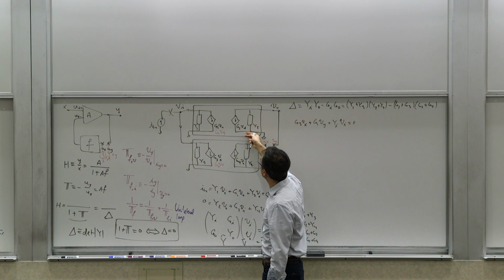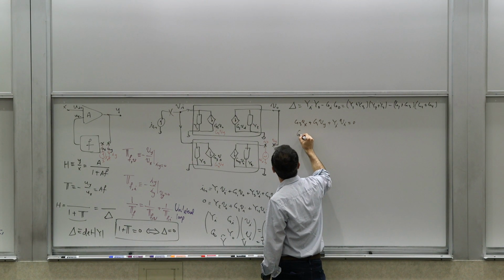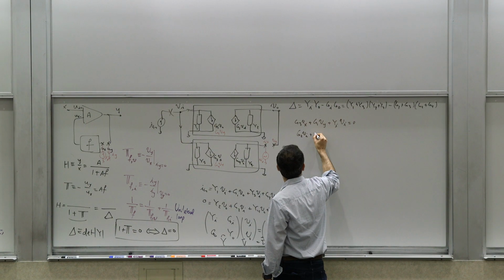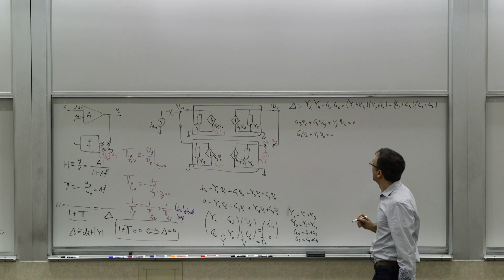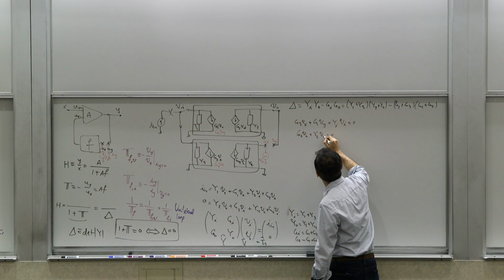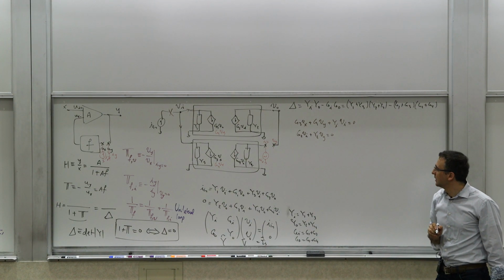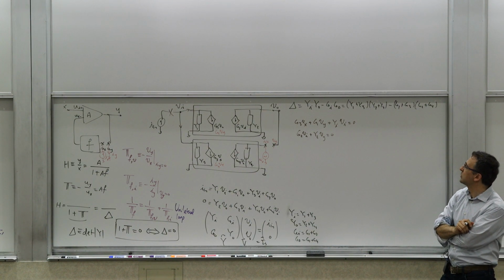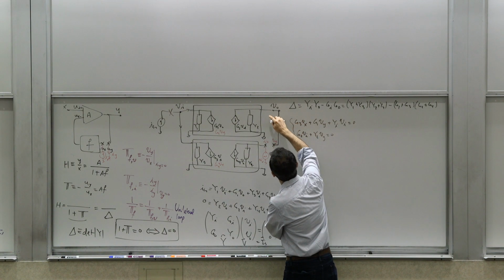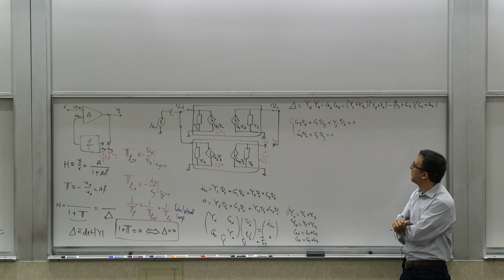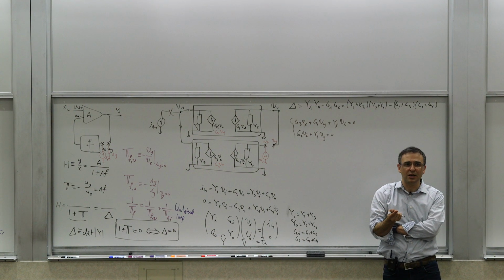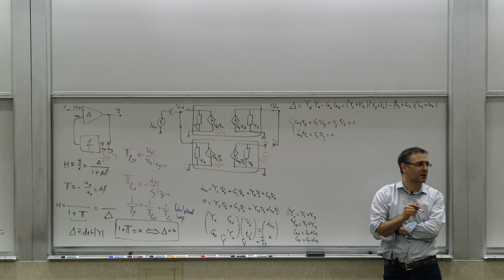And then you can write a KCL here, which basically says G2 Vi plus Y2 VO equals 0. And YO now is basically YY, VY, right? So those are the two equations. This is the KCL on this node, the second equation. So you can easily see that you can eliminate VI between these two equations, and you get the relationship between VY and VX.